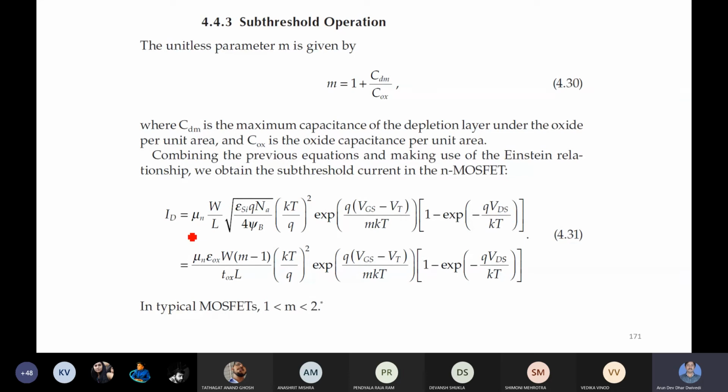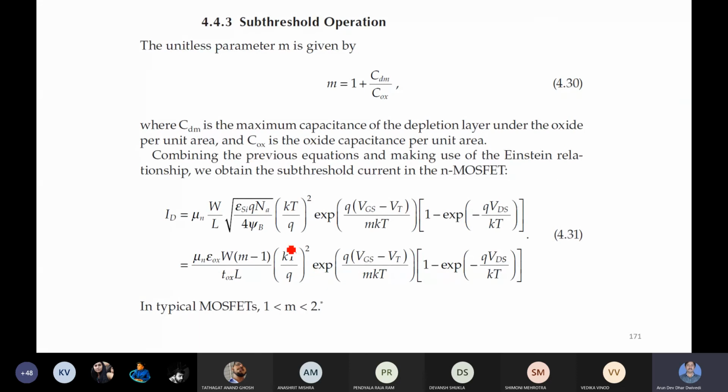Subthreshold current means the leakage current below threshold: when you give a positive gate voltage for the N channel MOSFET, but it is below the threshold voltage, some leakage current flows. That subthreshold current is given exactly in terms of device parameters W, L, mu, and kT by q. It is given by this relation: ID is equal to mu times epsilon_ox times W/L times (M minus 1) times (kT by q) whole square.